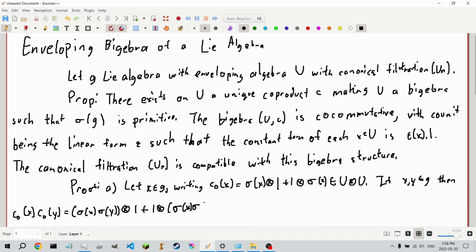So this is going to be the same FOIL structure that we saw earlier. Not equals there, this is a plus, these are the diagonal terms.